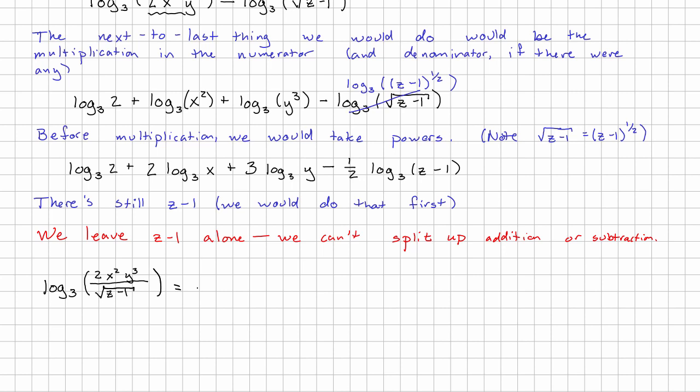And in the end, we rewrote that as log base 3 of 2 plus 2 log base 3 of x plus 3 log base 3 of y minus 1/2 log base 3 of z minus 1.